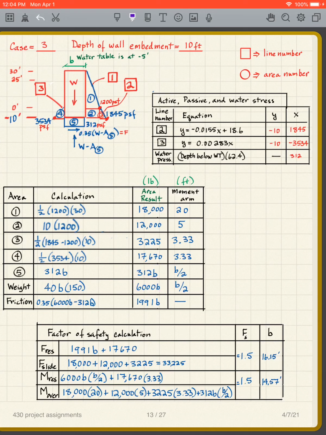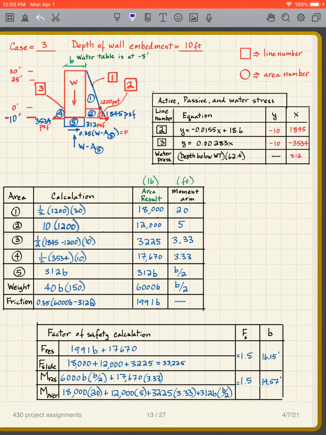So it's going to be 6,000 B minus the 312 B times the coefficient of friction mu, which is 0.35. Multiply that all out and I get 1991 B.